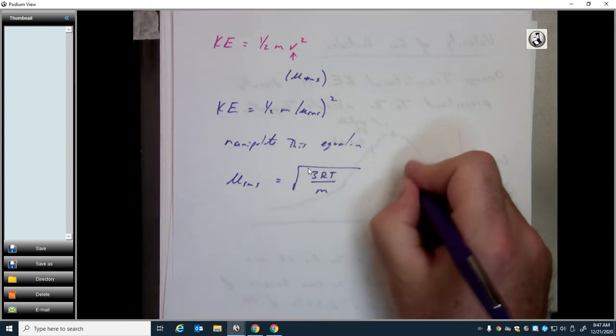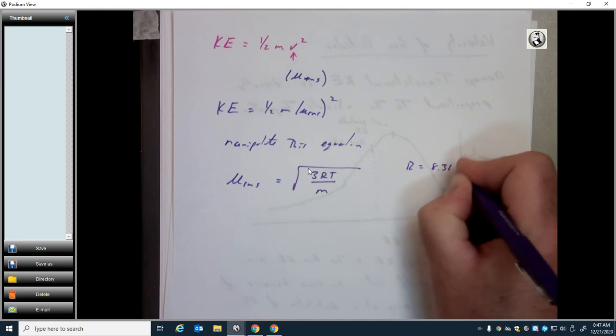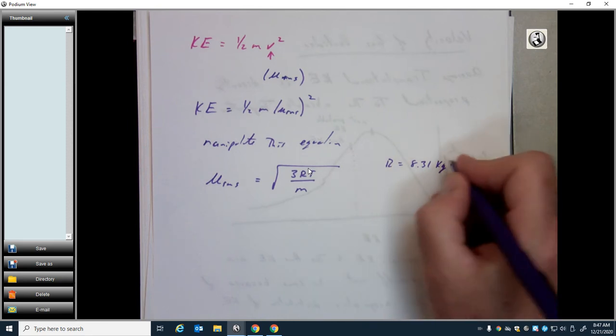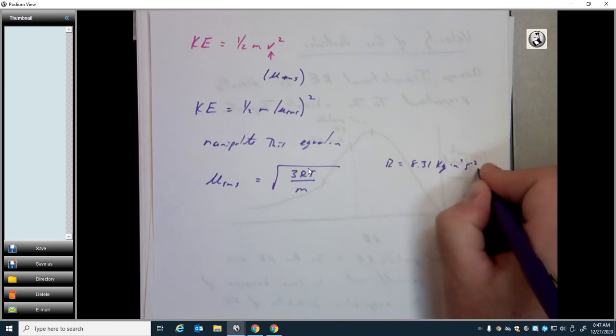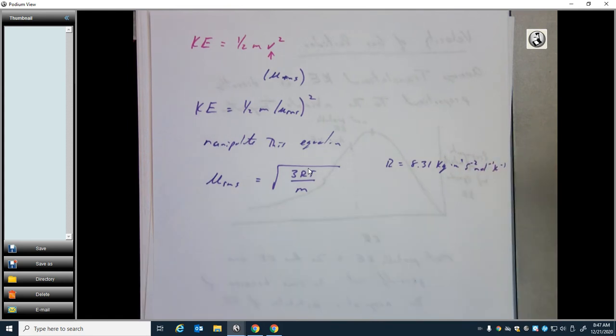Now, the R that we need to use is 8.31 kilogram meter squared per second squared per mole per Kelvin, that is, kg·m²·s⁻²·mol⁻¹·K⁻¹.